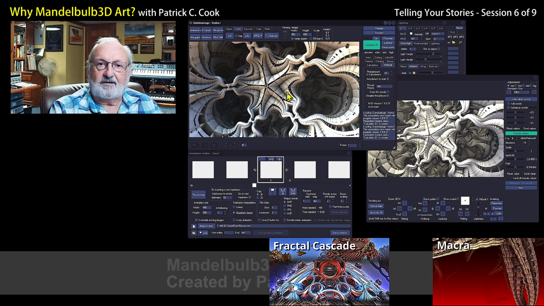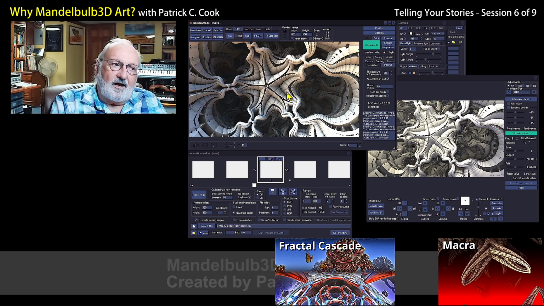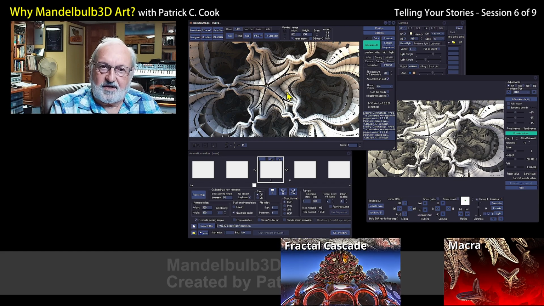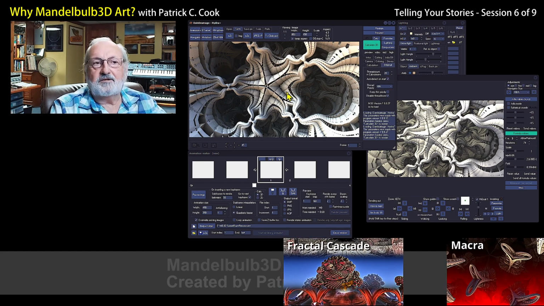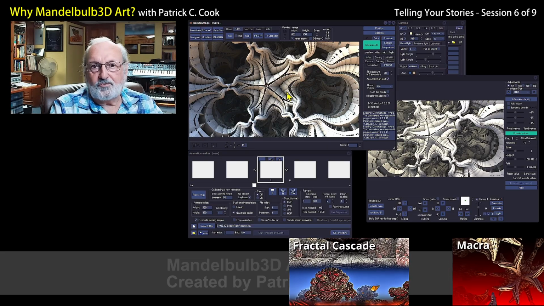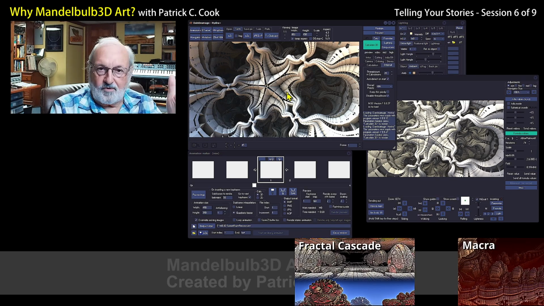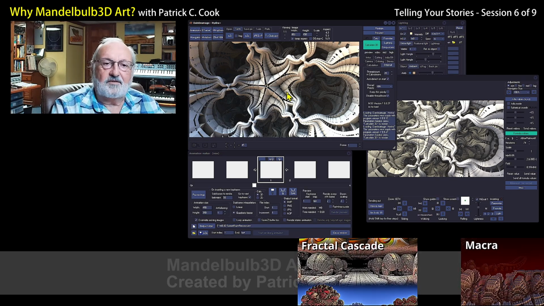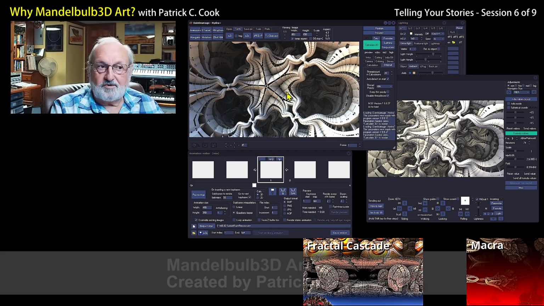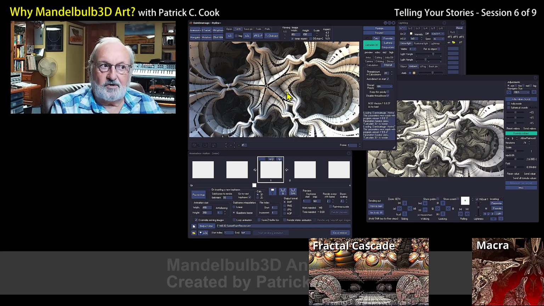My God, the tools that they have given us, which are free. I think there are very few people that truly appreciate the tool set that comes along with this. Unlimited render resolutions, limited only by your computer, memory, and the effort and time you want to put into it. You can have a still render so big that you would spend $500 to have it printed, and it would look wonderful.